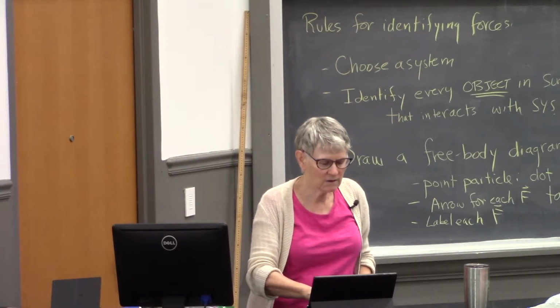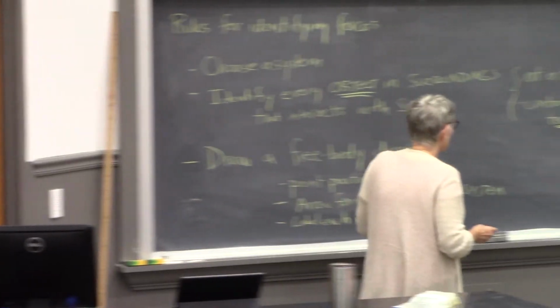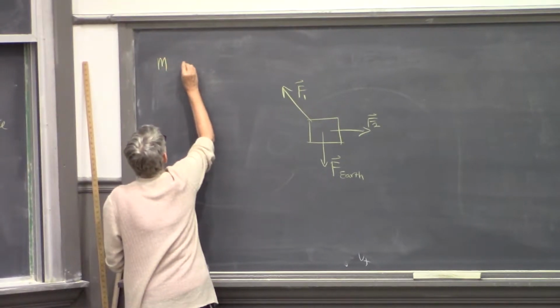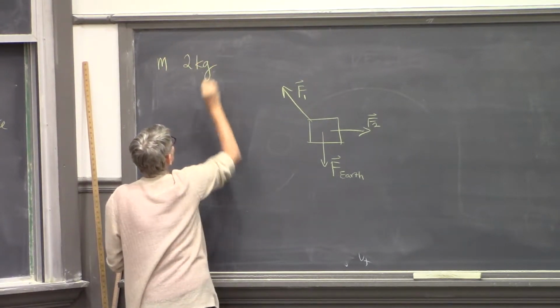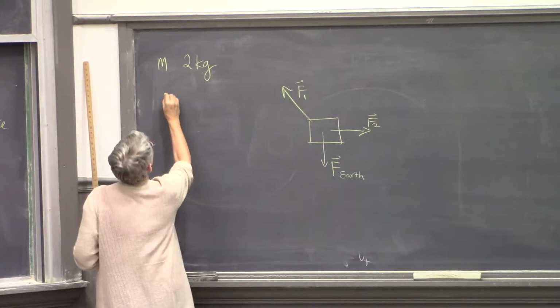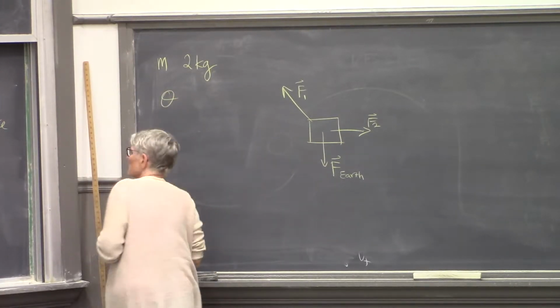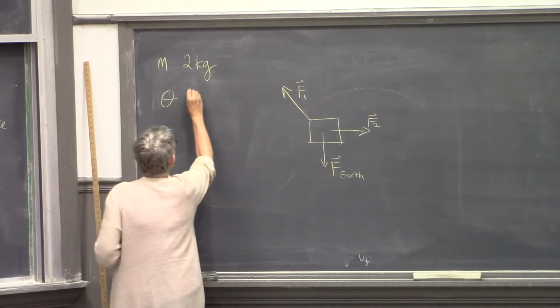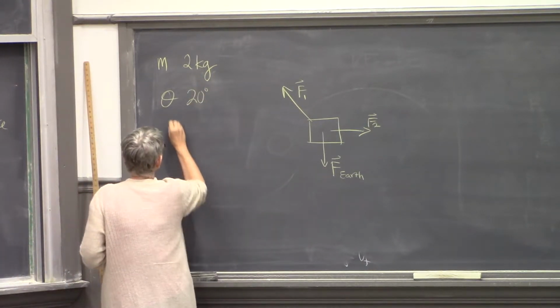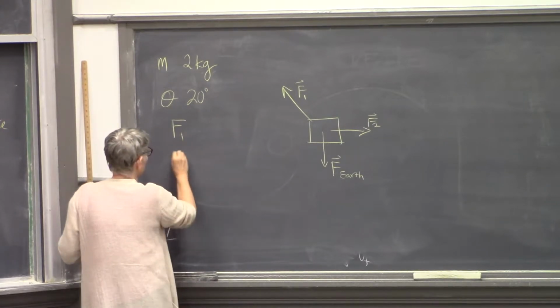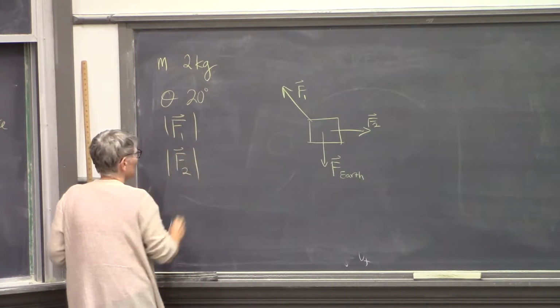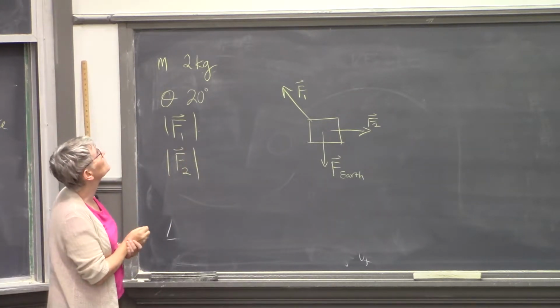So now let's see how we would solve this problem. So let's say the mass of the block is 2 kilograms and the angle theta given there is, what did I pick here? 20 degrees. And what we want to find is the magnitude of F1 and the magnitude of F2.